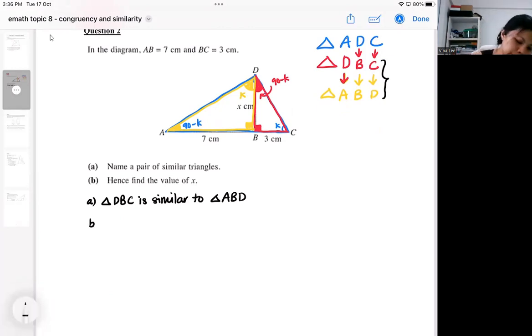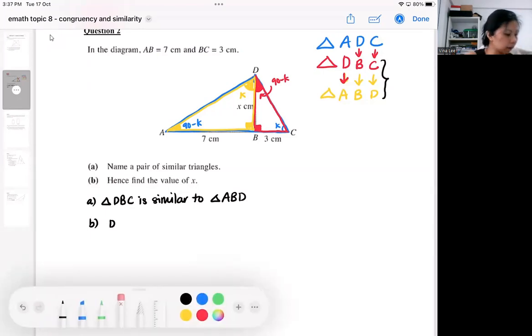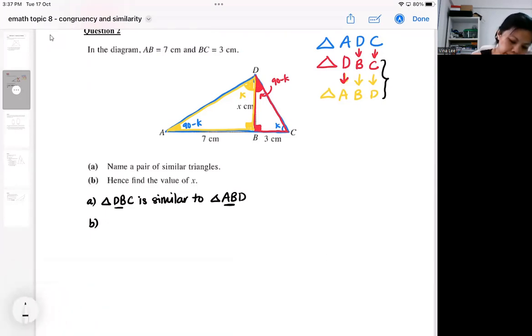So from this part, I'm going to write the similar triangles. Sorry, yeah, right, I should be using ABD. Yeah, correct. So I'm going to write the ratio. AB over DB, then BC over BD, and DC over AD.